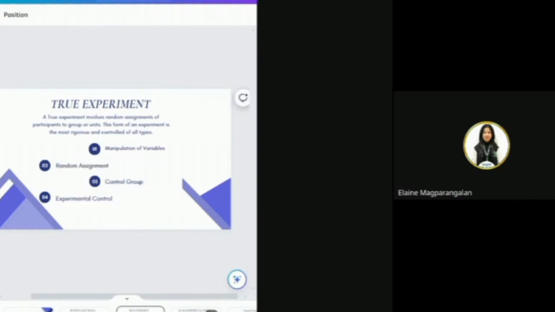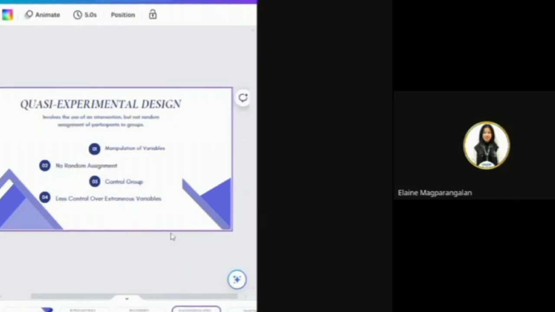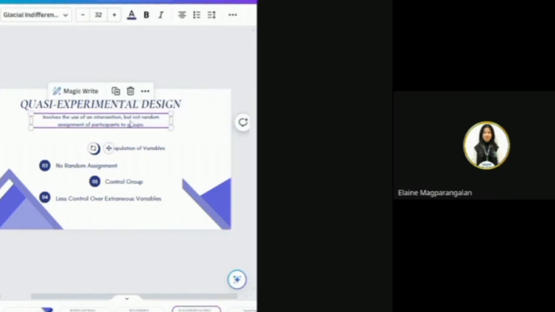Next, we have the quasi-experimental design. A quasi-experimental design is a research method that shares similarities with true experiments, but, of course, it lacks one key feature, which is the random assignment of participants to different experimental conditions or treatments.